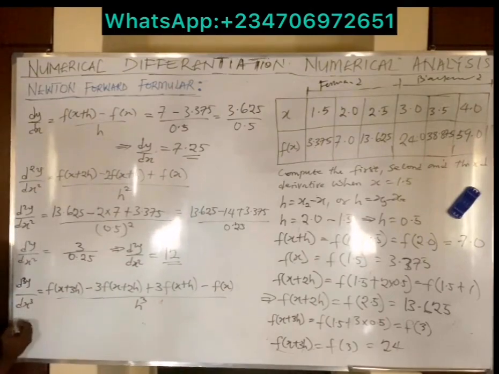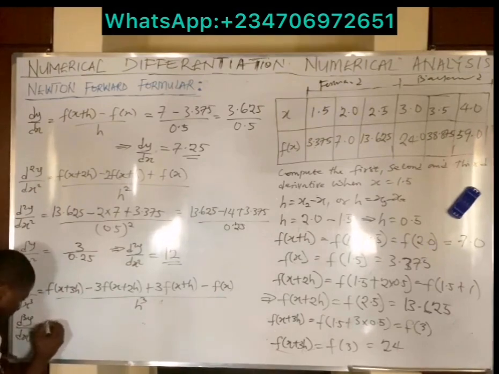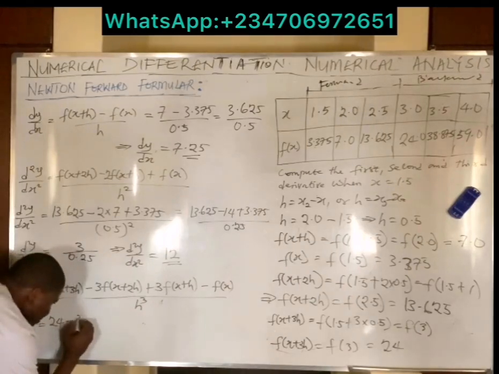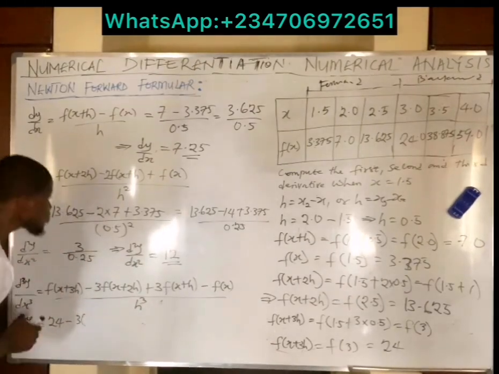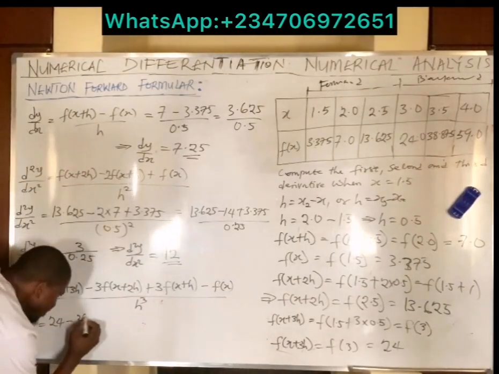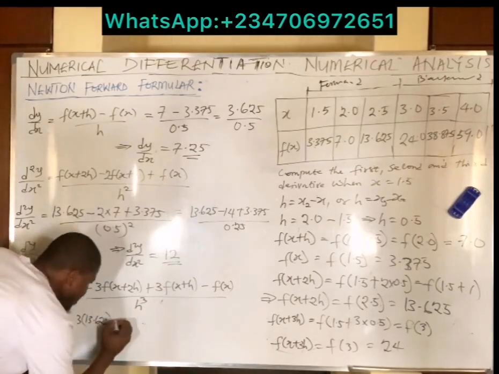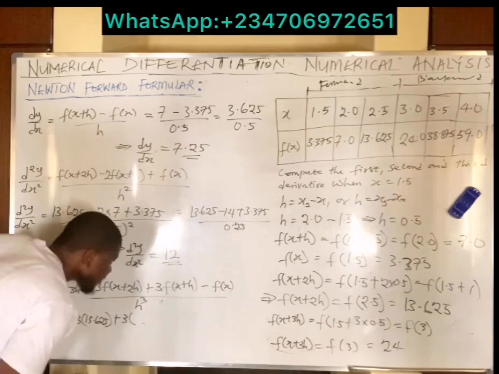So the cube y all over the x cube is equal to f of x plus 3h, which is 24, minus 3 times f of x plus 2h, and f of x plus 2h gave us 13.625, plus 3 times f of x plus h.